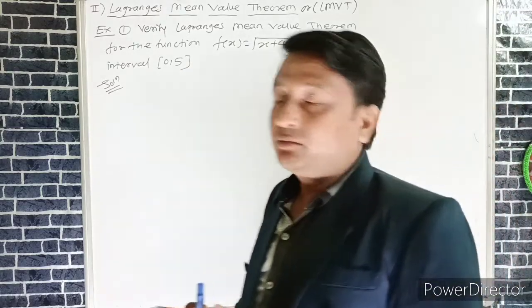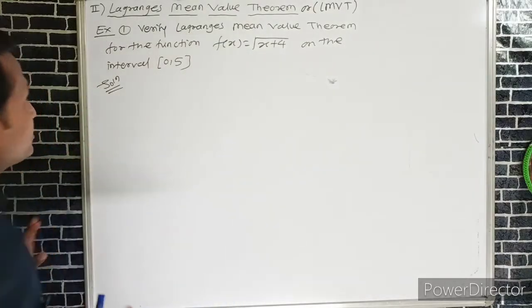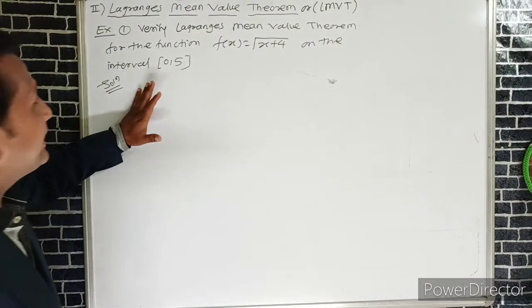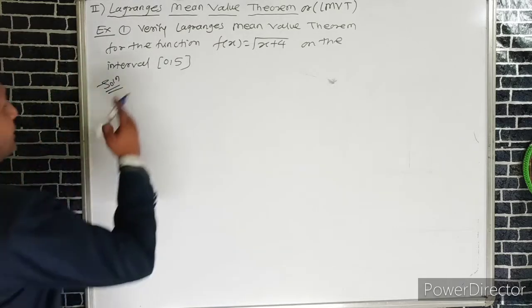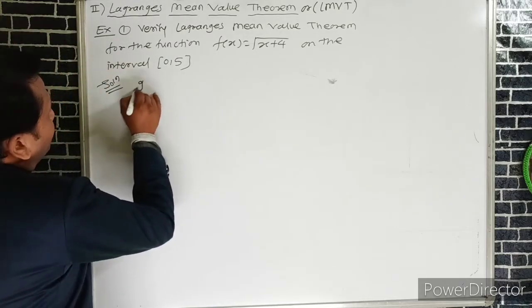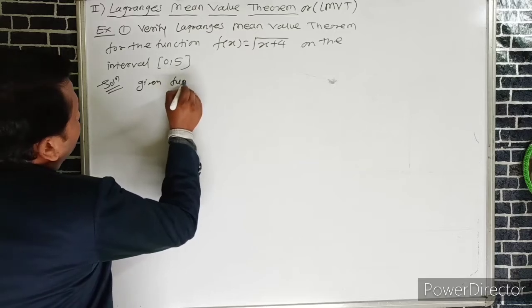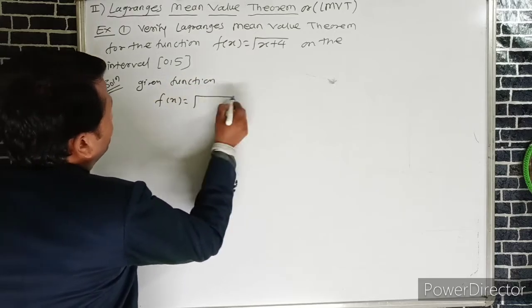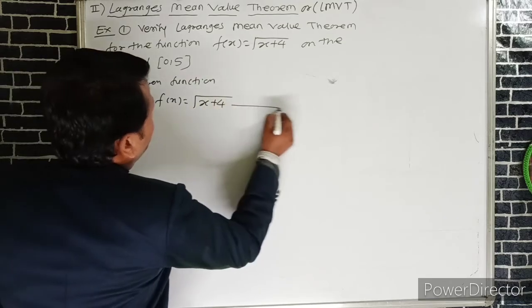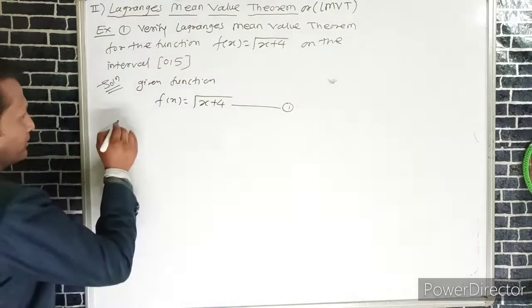So if I have to verify the conditions of Lagrange's mean value theorem, then first we take the given function f of x is equal to under root of x plus 4, which we give equation number 1.